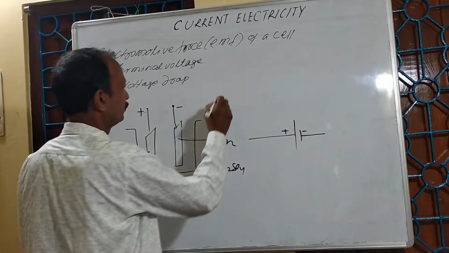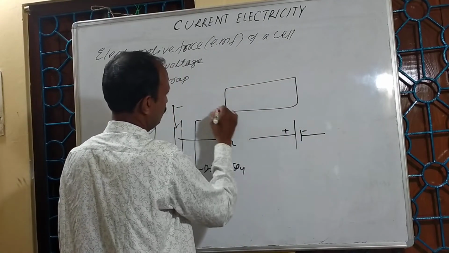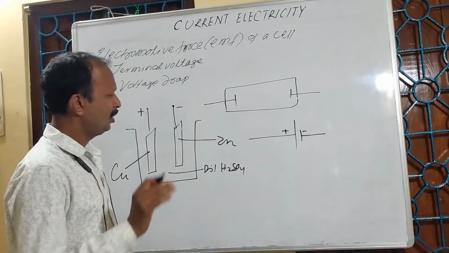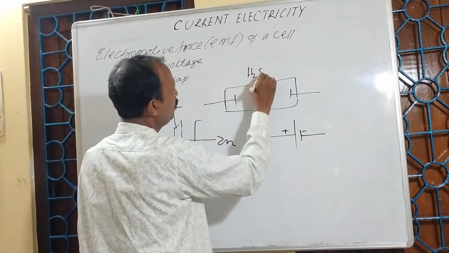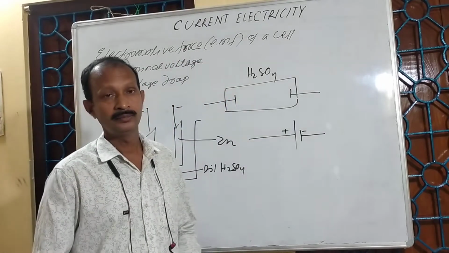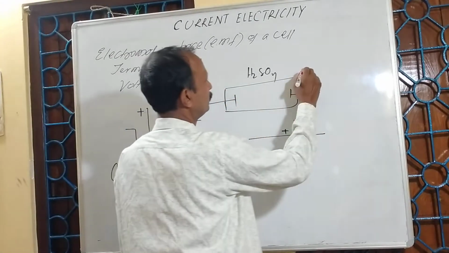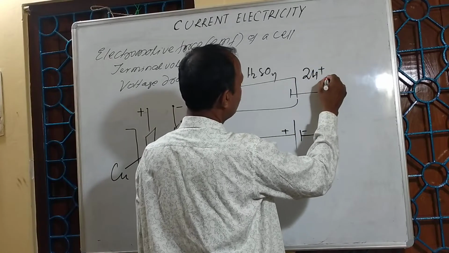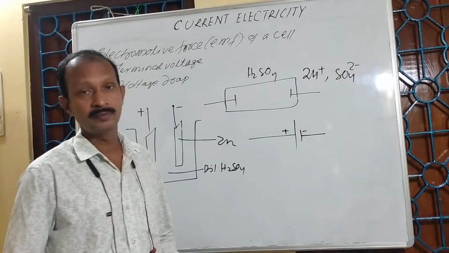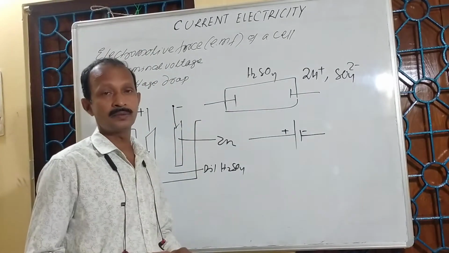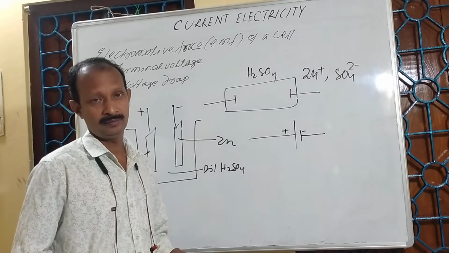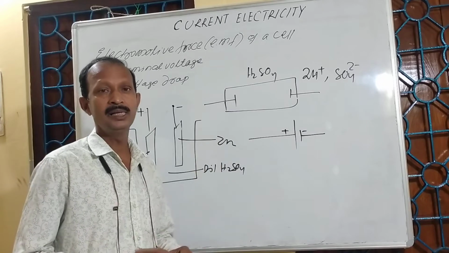See that this is one electrode, this is another electrode. When H2SO4 dissolves in water, it breaks into hydrogen ions and sulfate ions. These ions inside a cell move in different directions due to some chemical reactions.